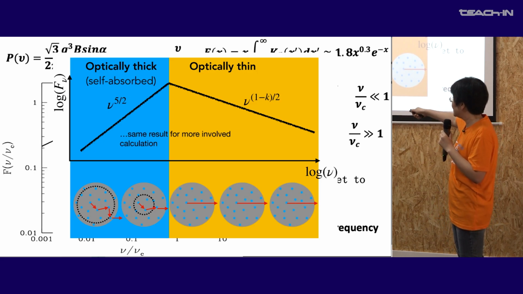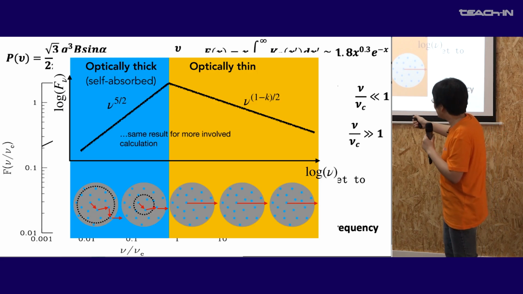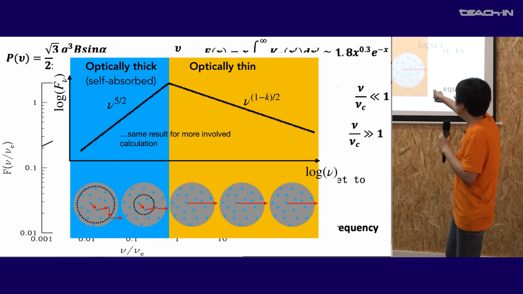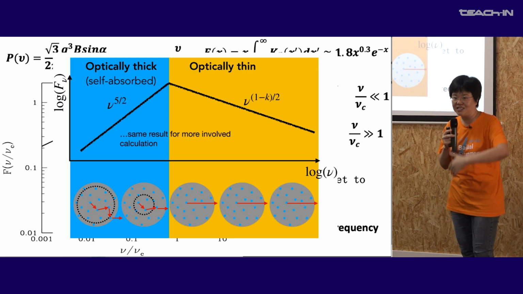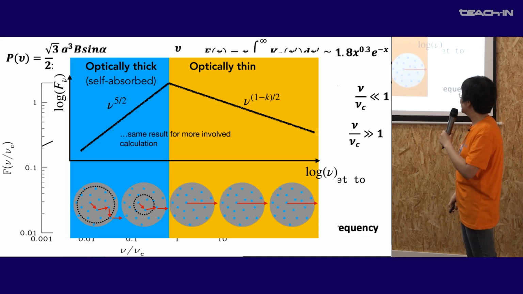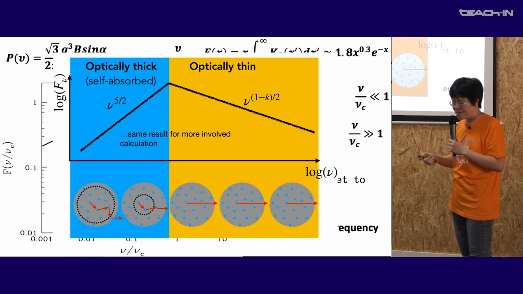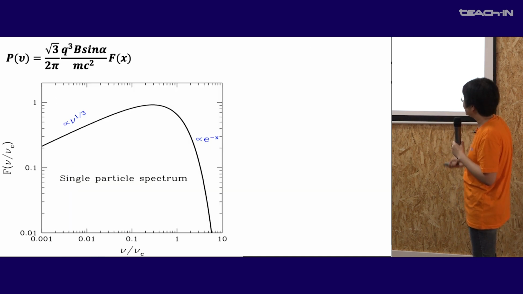In this part, the synchrotron radiation is proportional to frequency to the 5/2. In this part, when it is optically thin, photons can easily escape, and the spectrum is proportional to frequency to the (1 minus k) over 2. Okay, so that's the case.